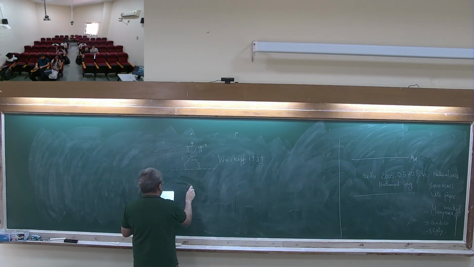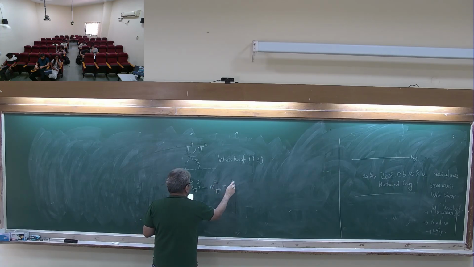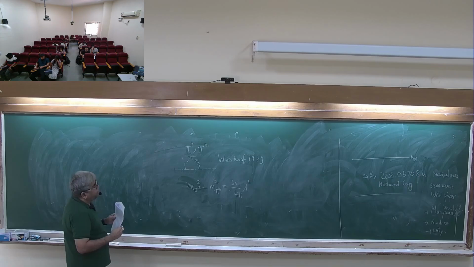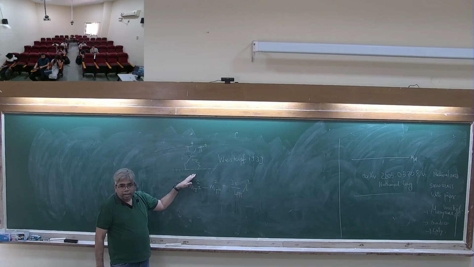So m plus minus squared minus m pi 0 squared. It is not surprising that if you take a charged scalar and calculate the one loop self energy, it's quadratically divergent.